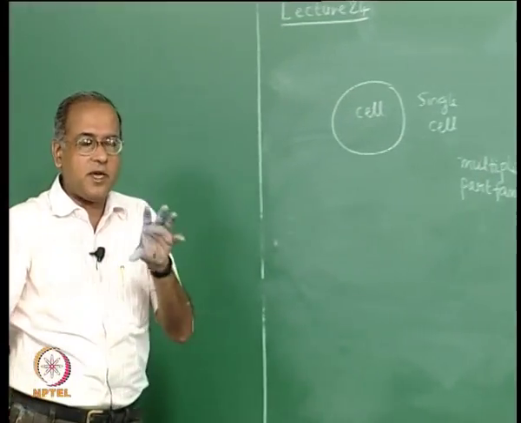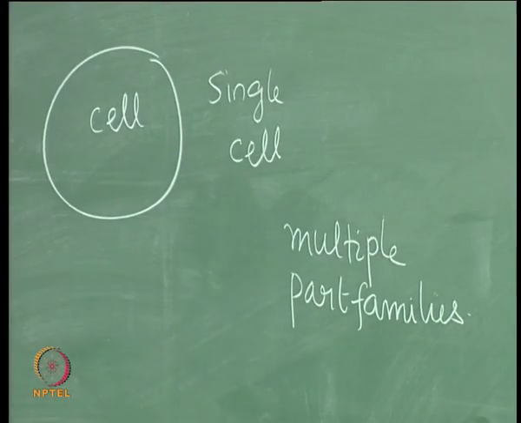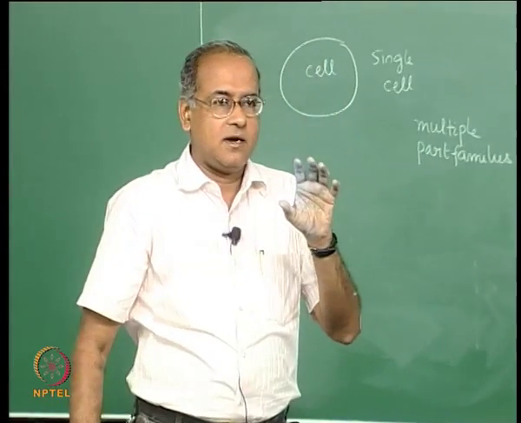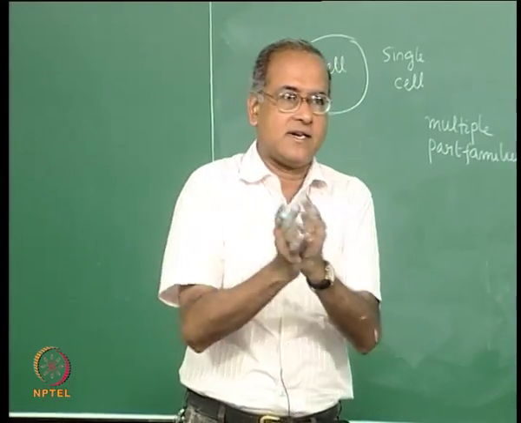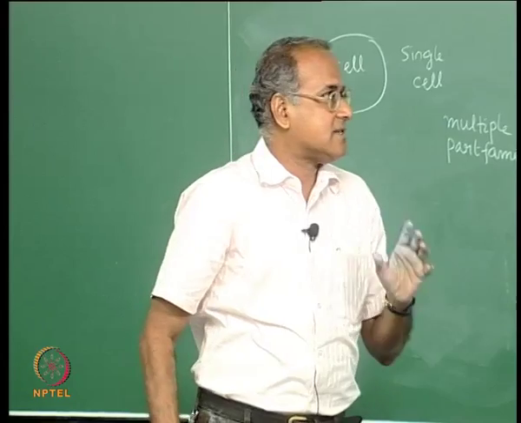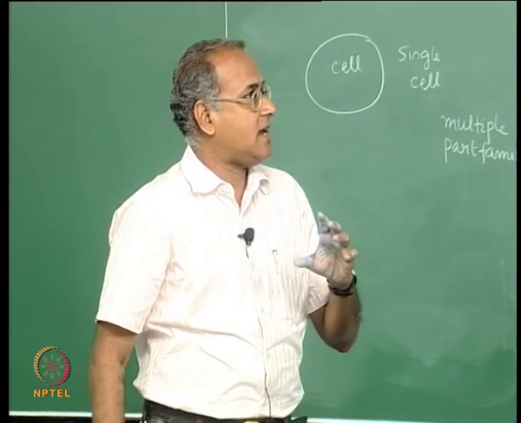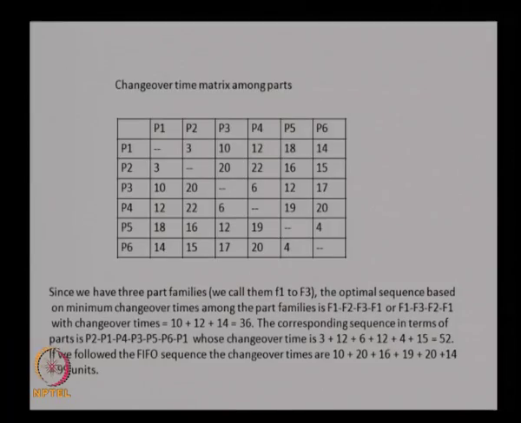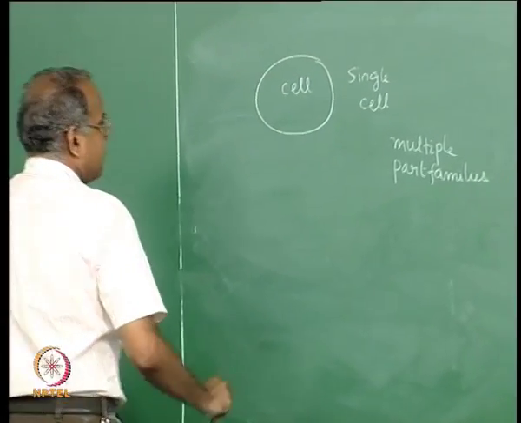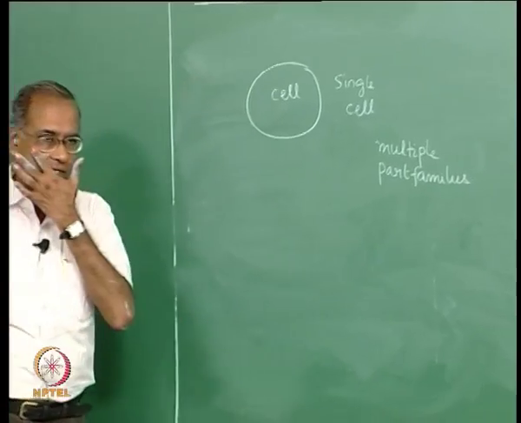In the cell formation that we spoke about, we created cells such that each cell has an associated part family. Now we look at a situation where we could have multiple part families.